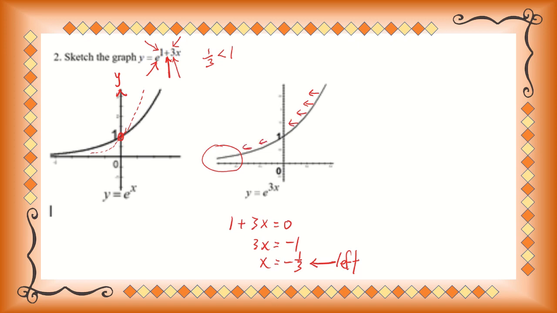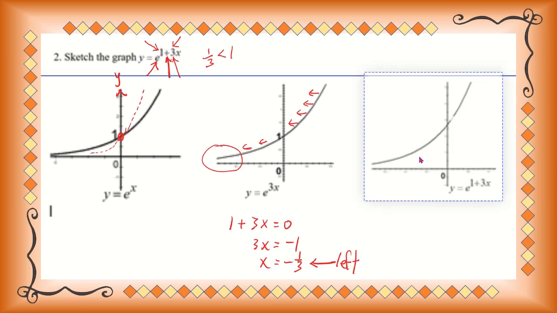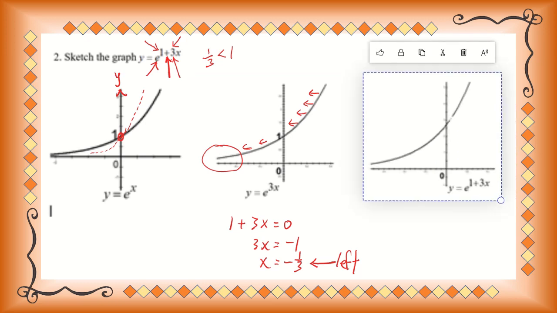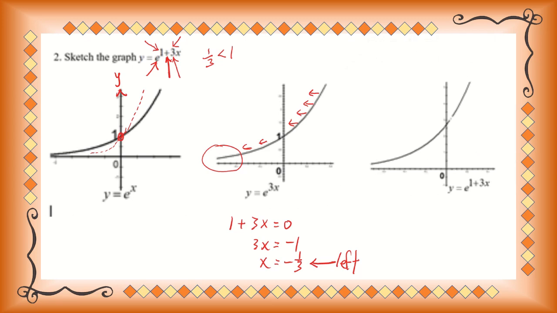So after shifting, the graph looks like this. Here, I want you to look at the critical point for number 1 here. Before shifting, 1 is the y-intercept.